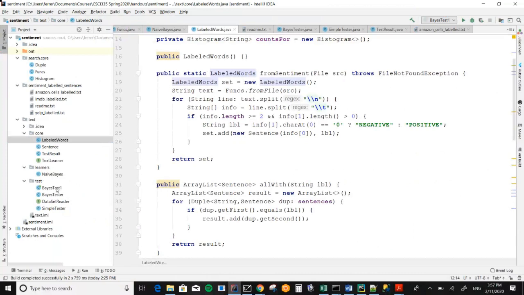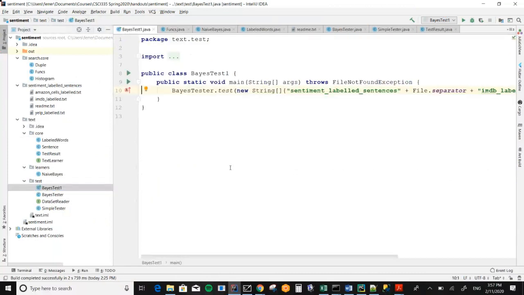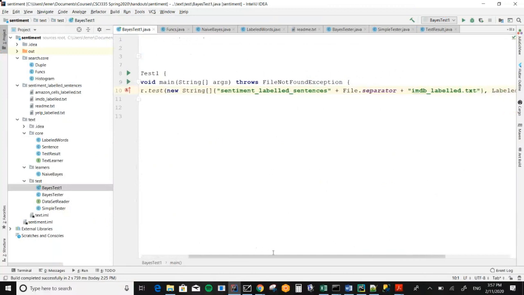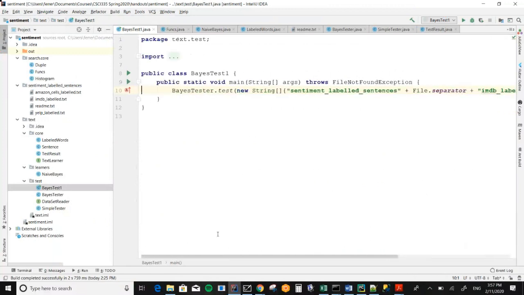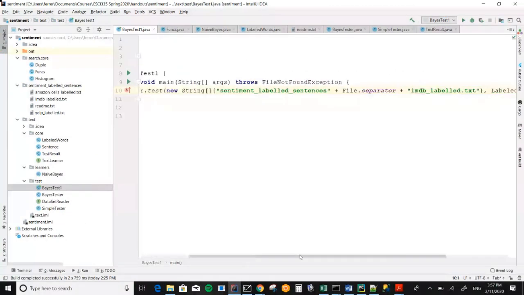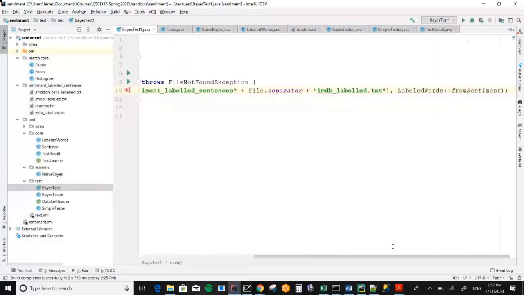For every experiment that you run, you'll be writing a separate little main. And what you'll be doing in that main is telling it how you want it tested. You'll be giving it a string array with all the file names you're going to use in the test, and then a function that grabs them from the file.